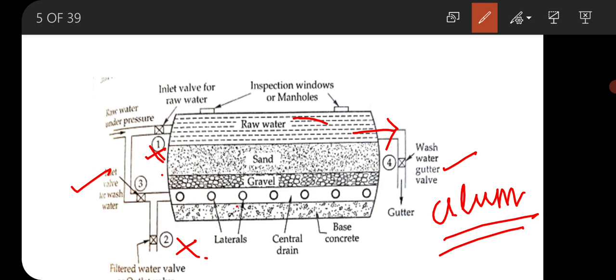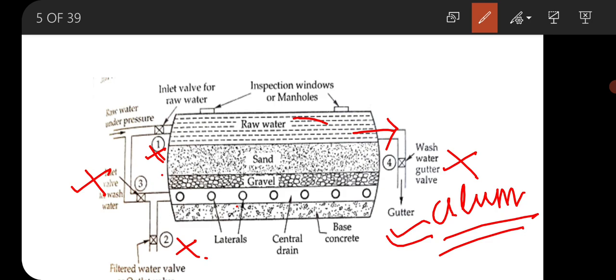And after the completion of cleaning, these valves may be closed. That means after cleaning, this valve 3 and 4 is closed. But the filtered supplies should not be collected for a little time and wasted through valve 4.